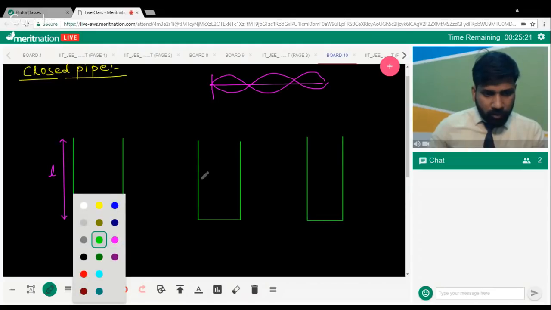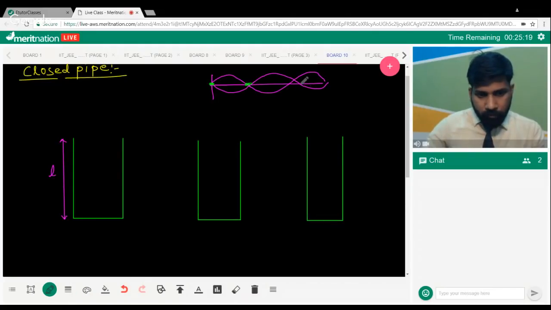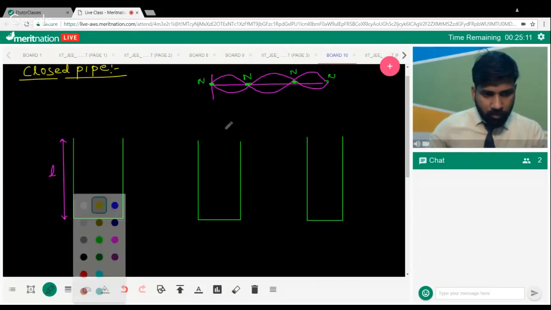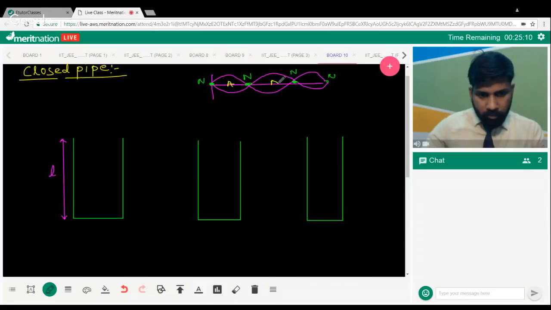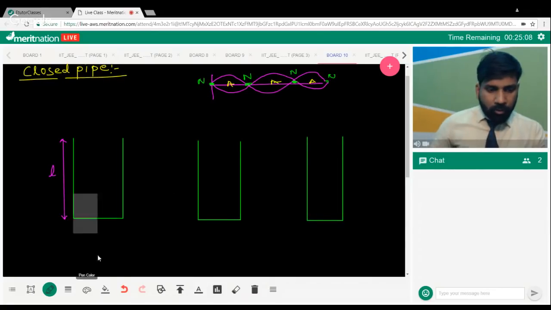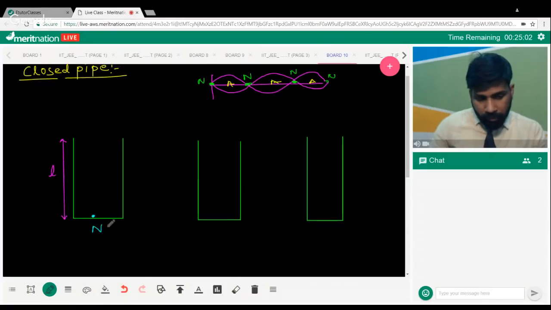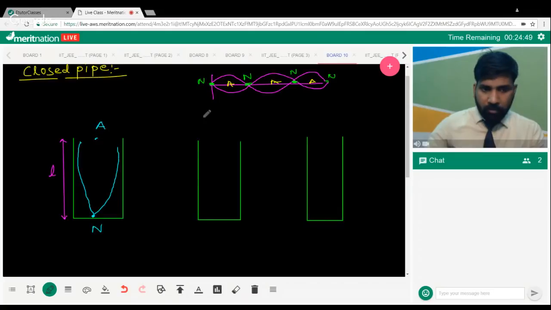You can see these are the nodes, and this one is an antinode. At the closed end, we get a node, and at the open end, we get an antinode. So the minimum possible separation between antinode and node is what? This is the minimum possible separation.